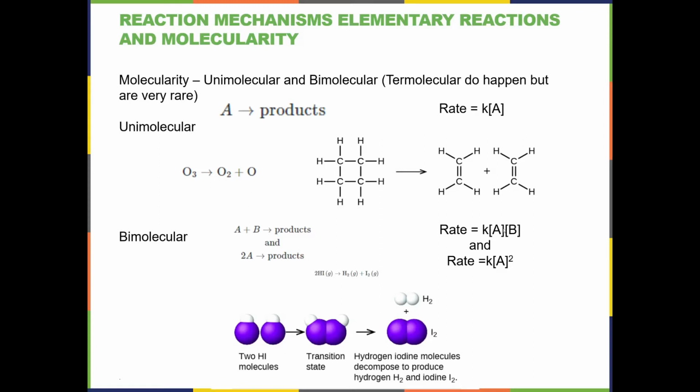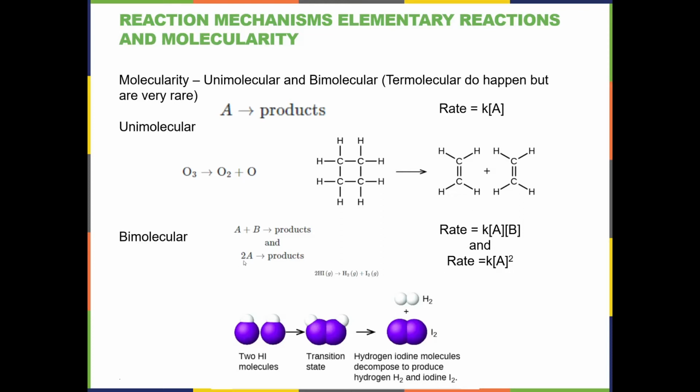Rate equals k[A][B], A to the 1, B to the 1. For elementary reactions, we can use the stoichiometric coefficients in the rate law because these are not overall reactions, they are elementary reactions. Sometimes they're both, but not always.